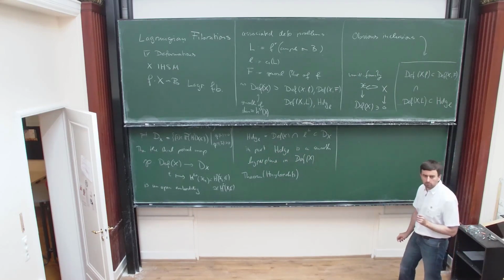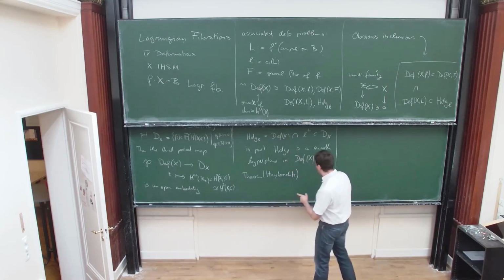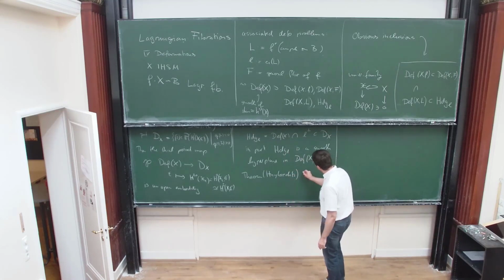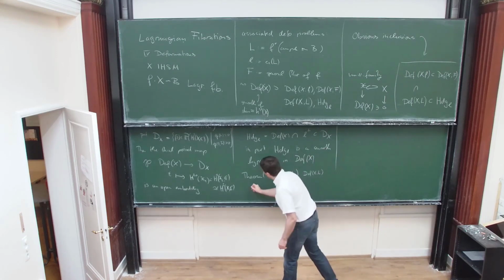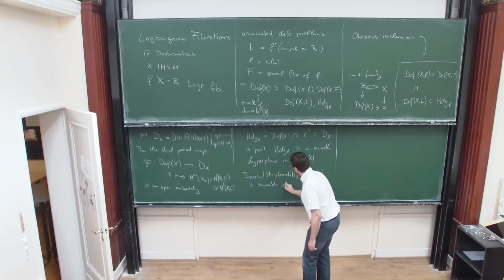I think it's due to Kodaira-Spencer for K3 surfaces, that says that Def(X, L) is smooth of codimension 1.